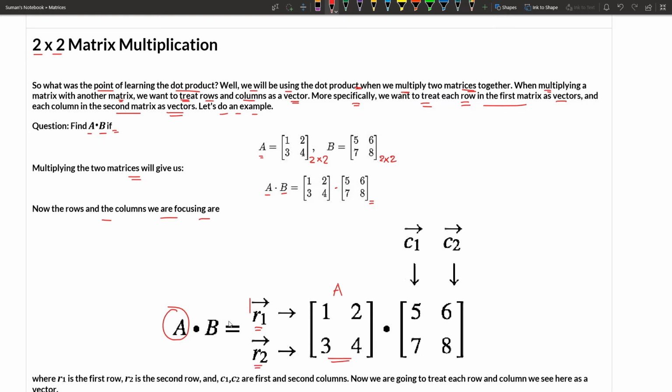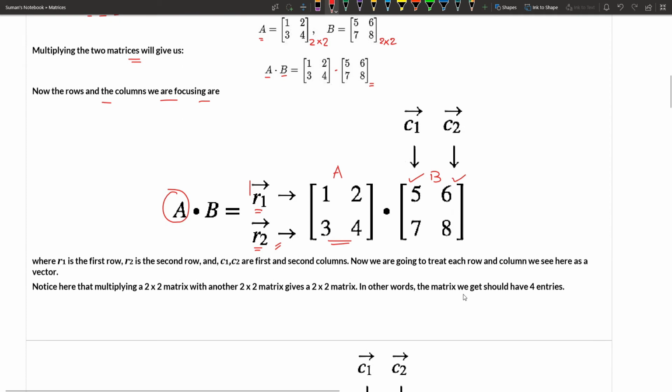So 1, 2 is row 1 of matrix A, and 3, 4 is row 2 of matrix A. Then for the second matrix, the right-hand matrix of the dot, matrix B, 5, 7 is the first column of matrix B, and 6, 8 is treated as column 2 of matrix B, where R1 is the first row and R2 is the second row of matrix A, and C1 and C2 are the first and second columns.